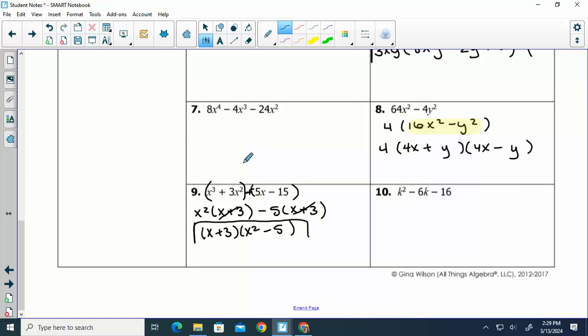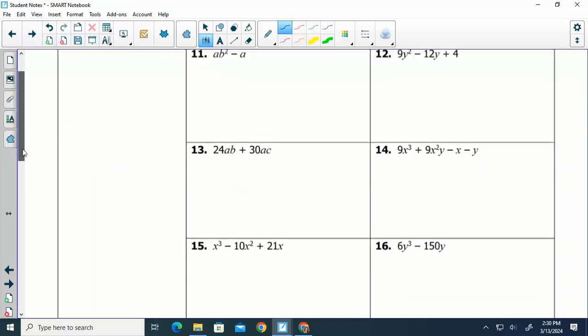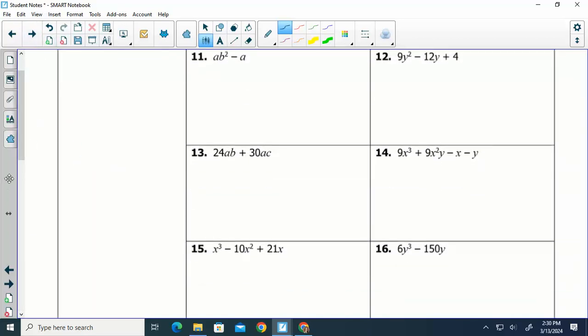Let's try number 12. So first step is to look for greatest common factor, GCF. So if I'm looking, do they have anything in common? No. So then 3 terms tells me flip and slide.